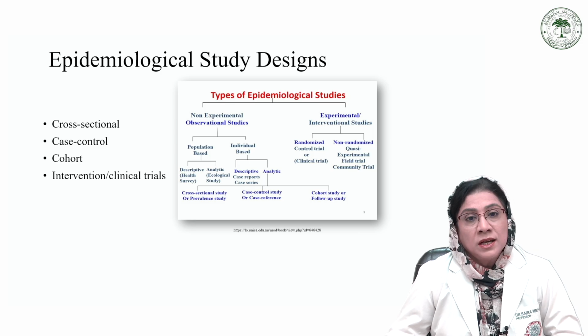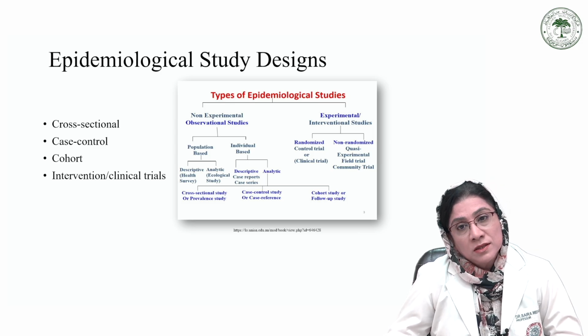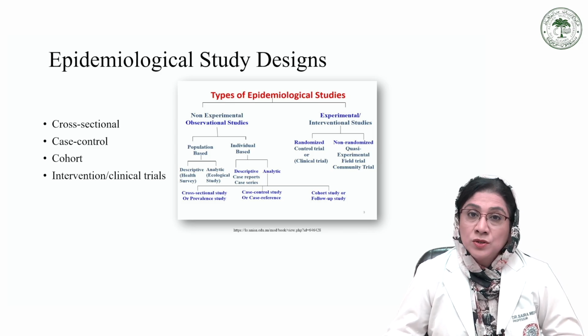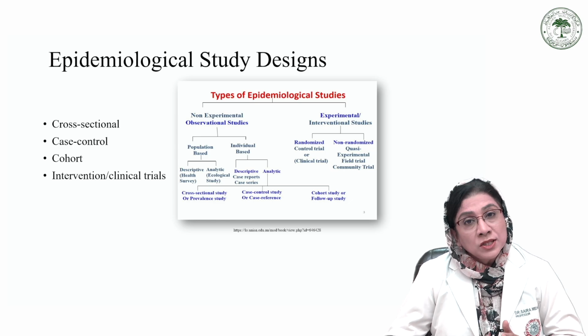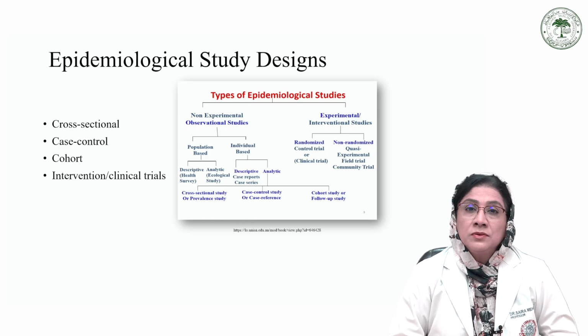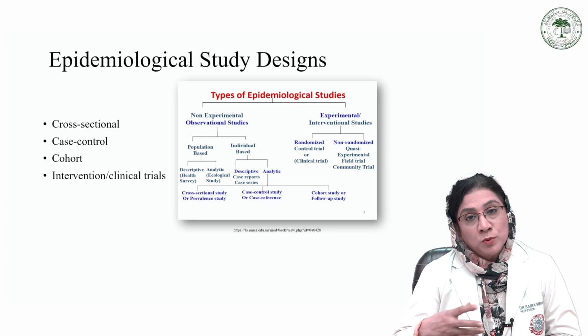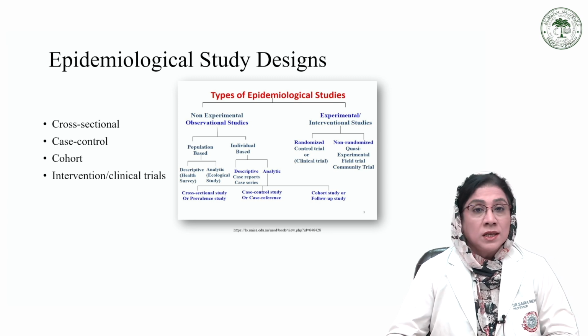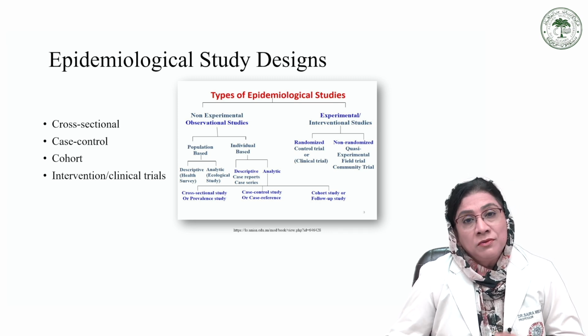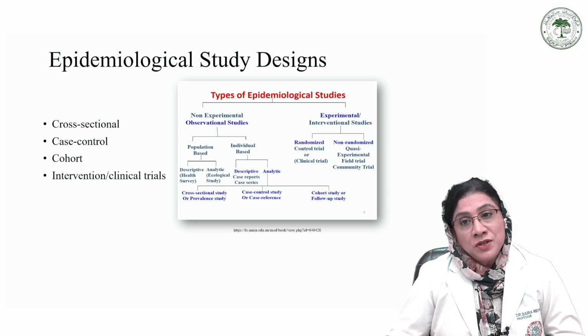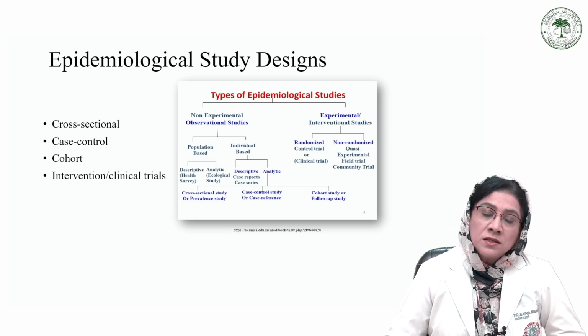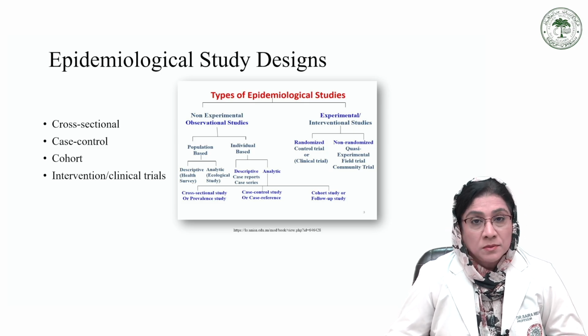Each design has its strengths and limitations, depending on the research question. Cross-sectional studies are fast and low cost, but they cannot tell us which came first, the exposure or the outcome. Case control studies work well for rare diseases and are efficient, but they rely on past information which can be biased.